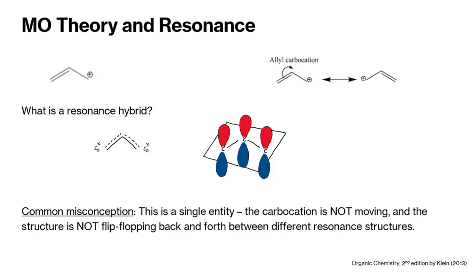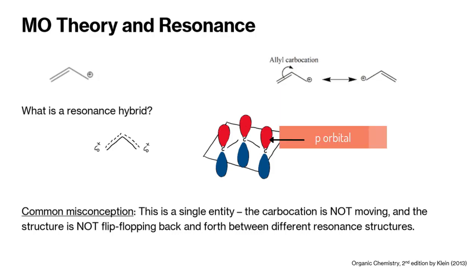Another aspect that you're going to notice is you don't have a double bond between carbon 1 and 2, nor do you have a double bond between carbons 2 and 3. Instead, we have a 1.5 bond throughout the entire molecule. This indicates that those pi electrons are spreading throughout that overlapping p orbital system.